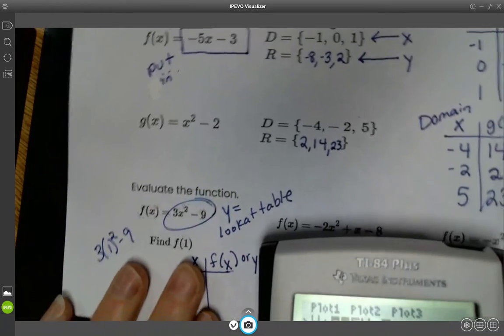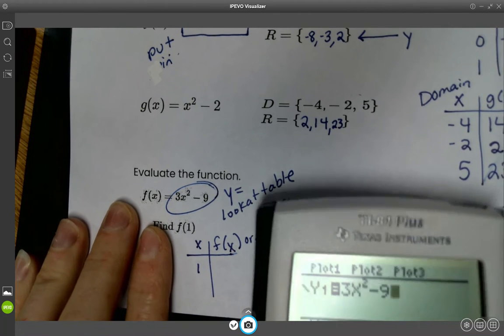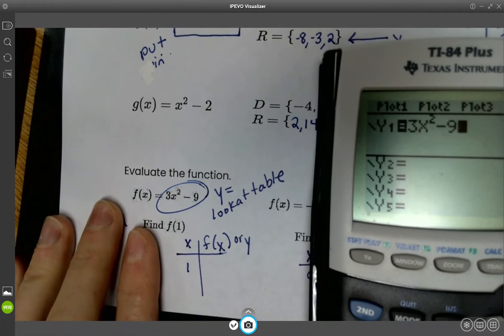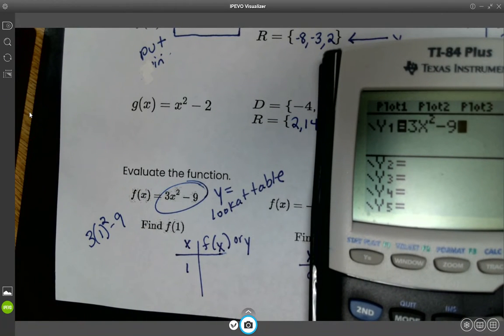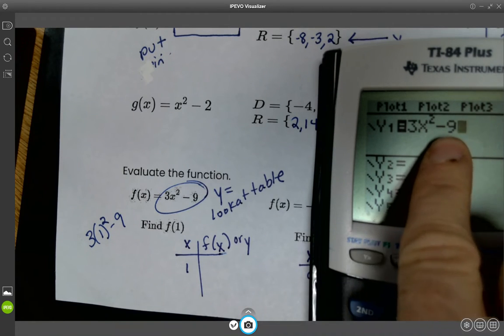Okay, so let's look at the first one. It was 3x squared minus 9. So we're reviewing yesterday's real quick. So you should have this in. Make sure you put the x, the squared, and then come back down and do minus 9.